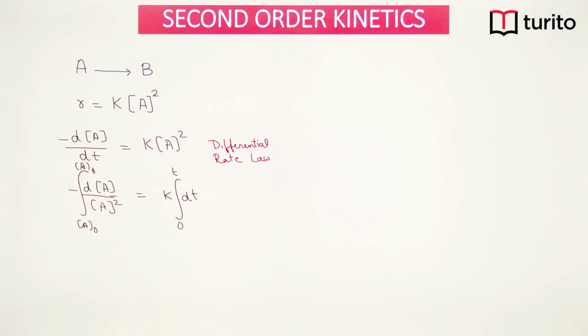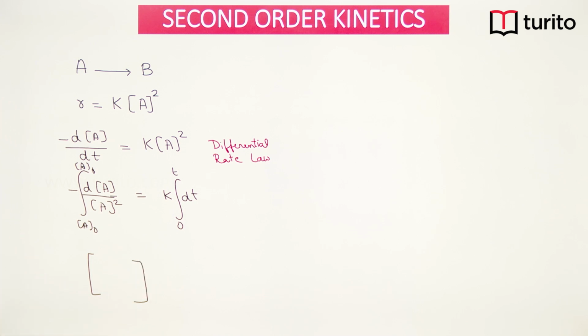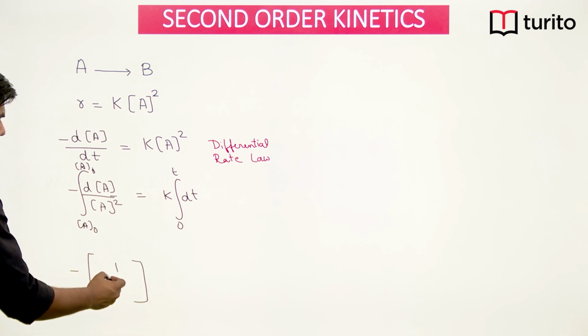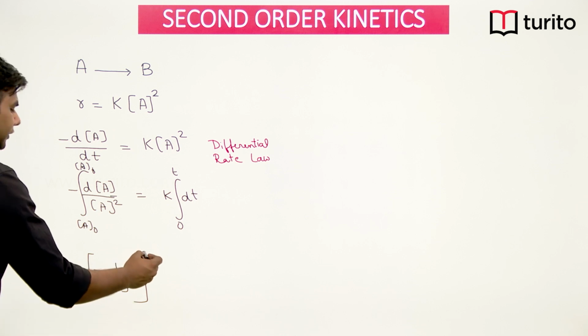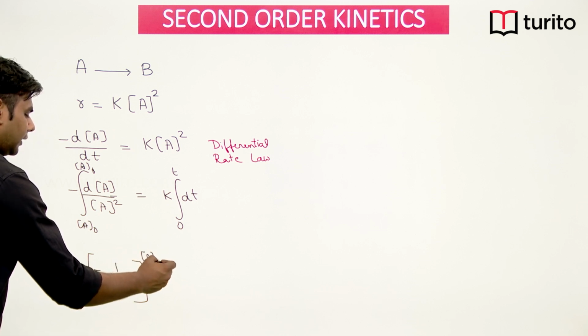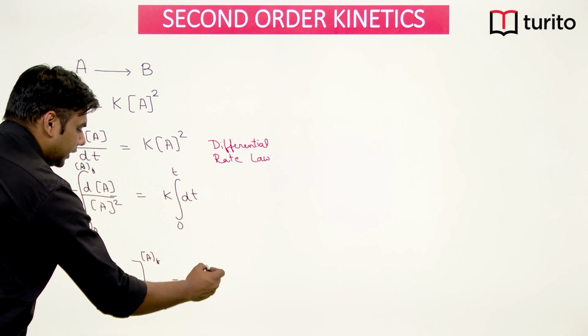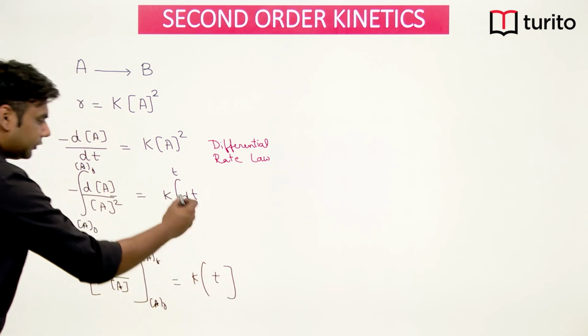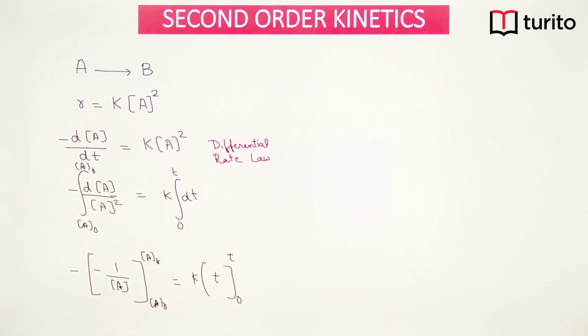So if you do an integration of 1 by A square, this would come out to be minus 1 by A, where the initial is A naught and final is At. This will be equal to K, and the integration of dt would be t. The upper limit is t, lower limit is 0.